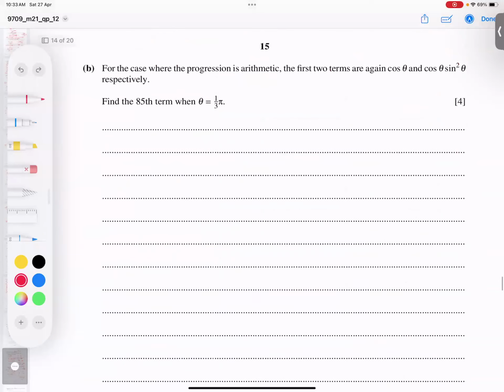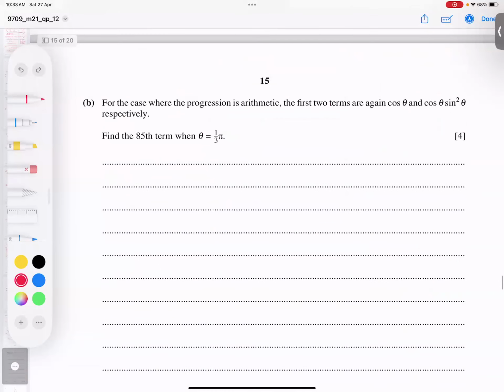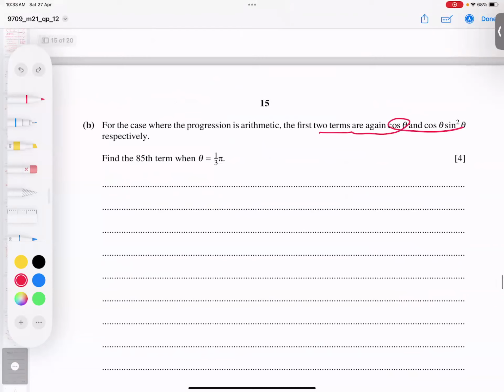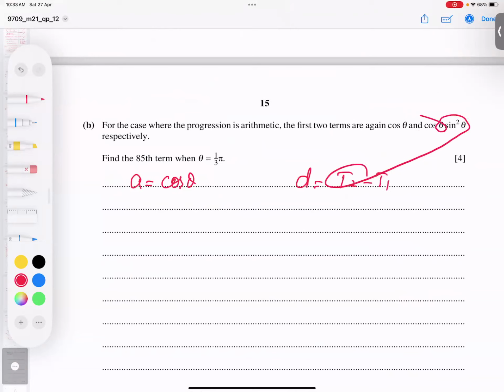Next part, for the case when the progression is arithmetic, the first 2 terms are this and this. So the first term is cos theta. How to find the common difference? Second term minus first term. The second term is this, the first term is that. So it means cos theta sine square theta minus cos theta.